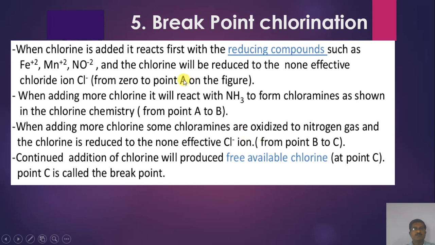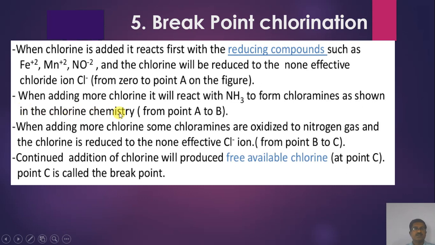Breakpoint chlorination. When chlorine is added, it reacts first with the reducing compounds such as Fe2+, Mn2+, NO2-, and the chlorine will be reduced to non-effective chloride ion Cl- from 0 to point A on the scale. When adding more chlorine, it will react with NH3 to form chloramines.